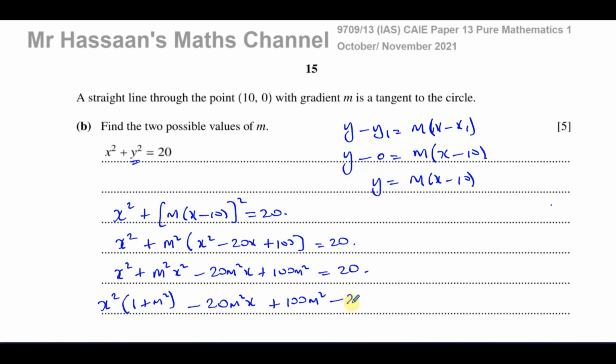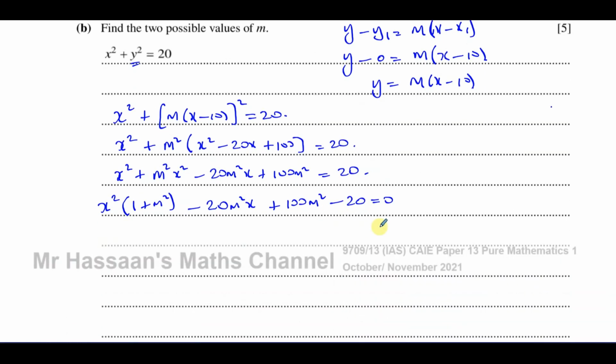I'm going to take away 20, minus 20 equals 0, to make it equals 0. So now, if you think about it, 1 plus m squared is your a. You got minus 20 m squared x, so minus 20 m squared is your b, plus you got 100 m squared minus 20. Let me just factorize this as well. So you're going to have 20 times (5m squared minus 1). This is like your c.